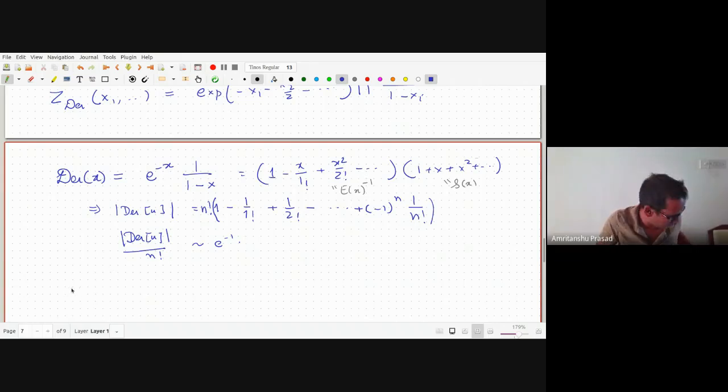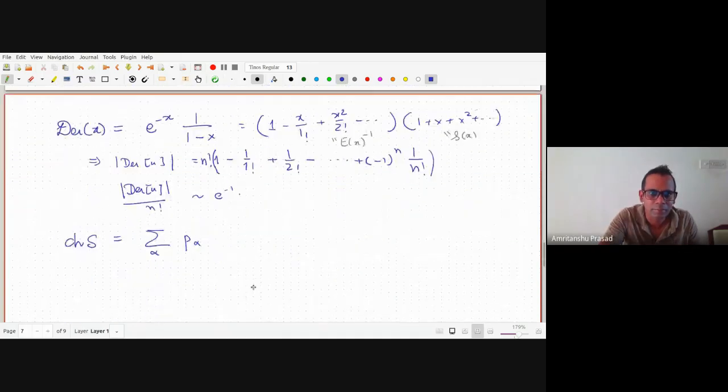I want to do some Frobenius characteristic also. So remember, what was the Frobenius characteristic of S? This was the summation over all partitions alpha of p alpha. We had computed this last time. You can also get it from this.